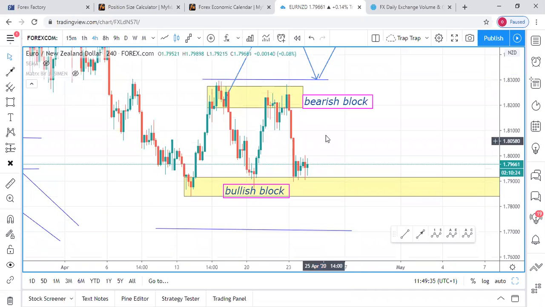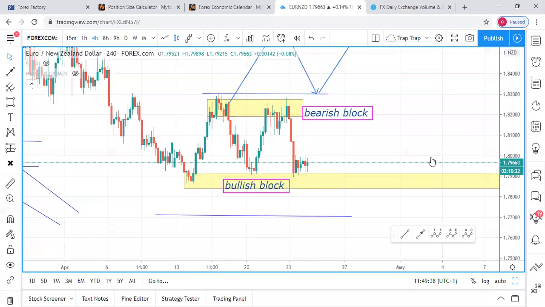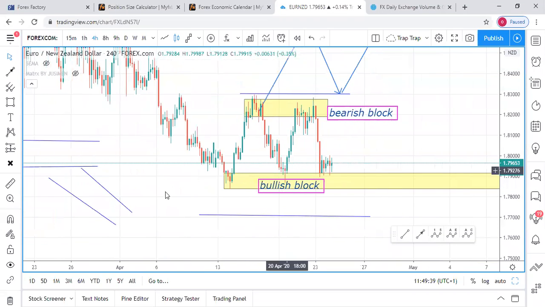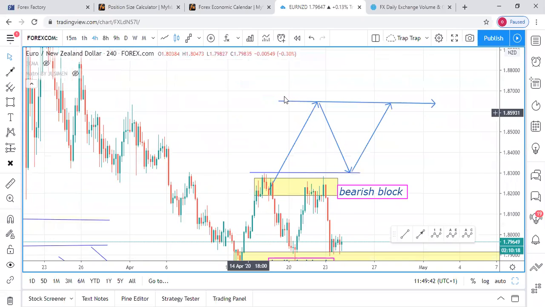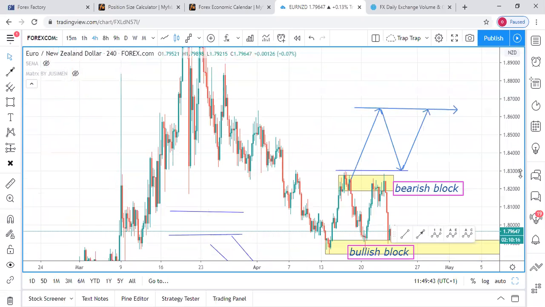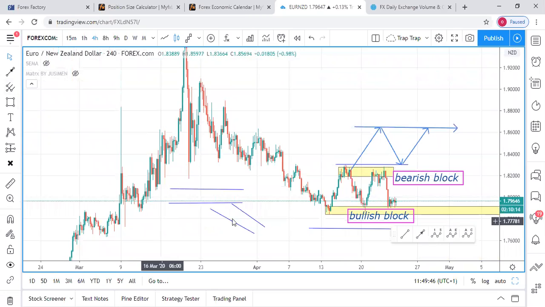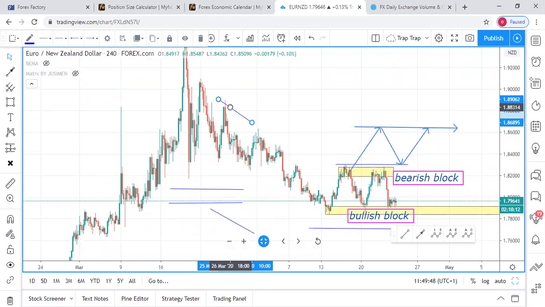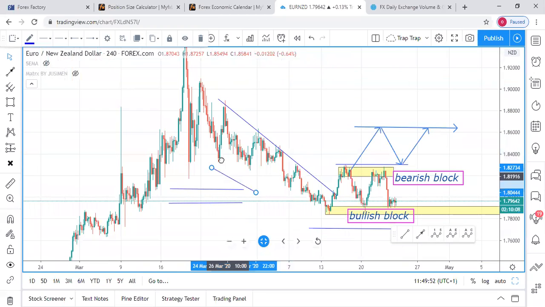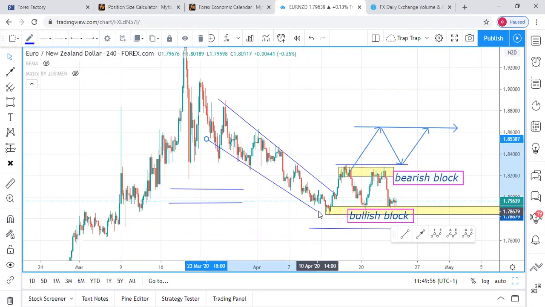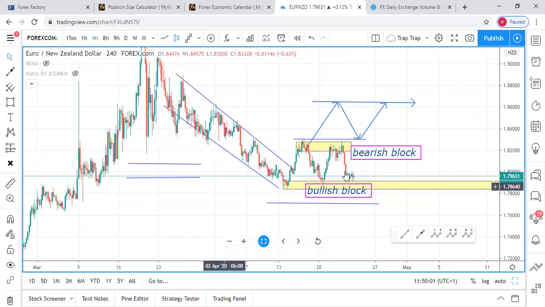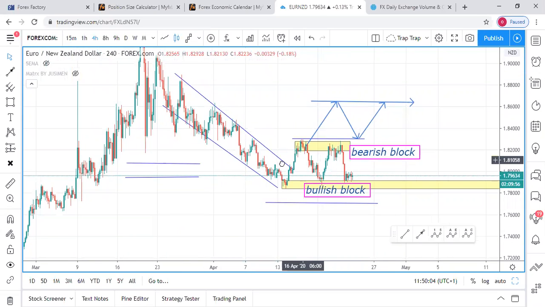So bullish block, bearish block. So let's summarize this. We've been able to see only on this point, we can see this, and we can see this, one form of support and resistance, and we can also see this. These are forms of support and resistance.